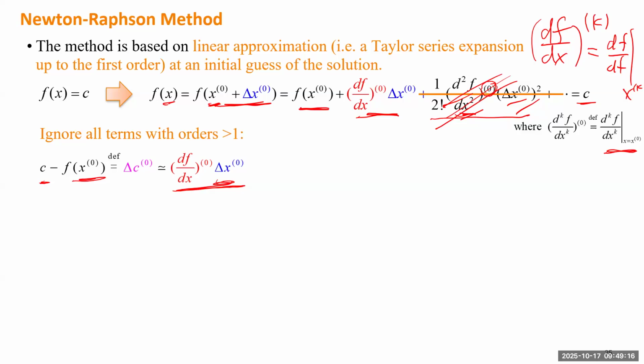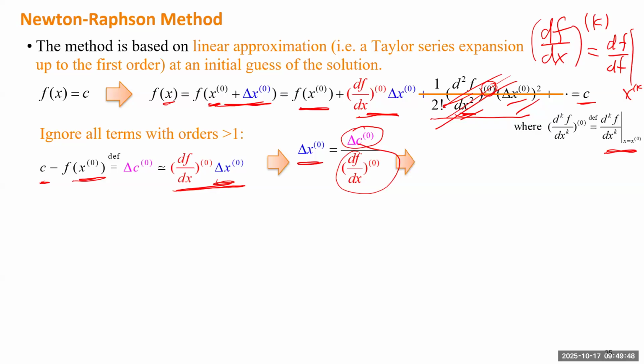Okay, so this suggests an iteration formula, which means if I know the gap of the function value, and also know the value of the first order derivative at this initial guess, we can estimate how much we need to update this initial guess to give you a linear approximation.